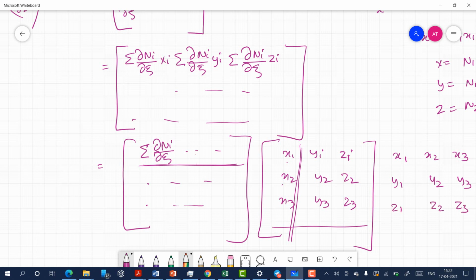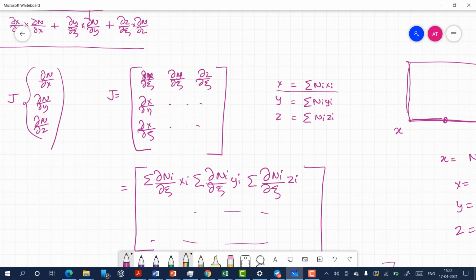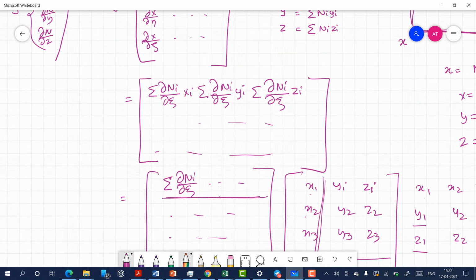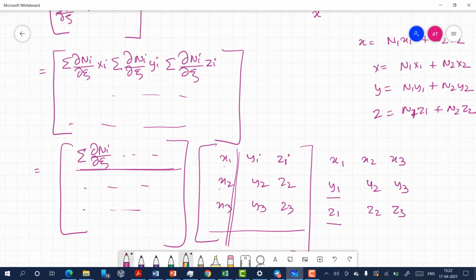Right? So del n1 by del zeta into x1, del n1 by del zeta into y1, and del n1 by del zeta into z1. Right? And then whatever amount of local coordinates I will have, that many number of rows into that many columns I will have to multiply.